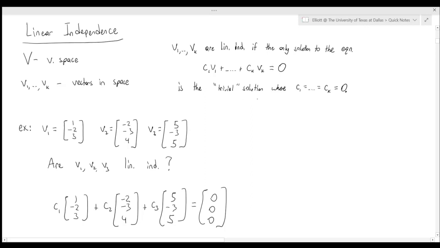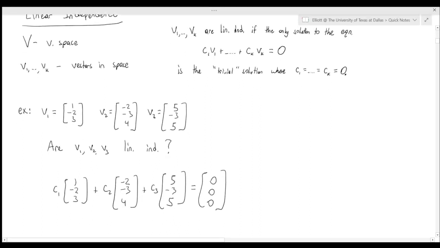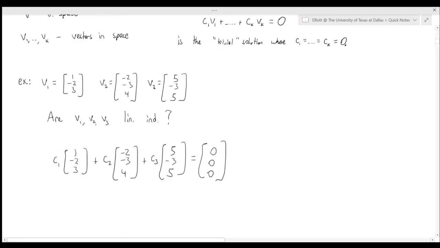Now we want to check what the solutions to this equation are. Certainly, one solution will be if c1, c2, and c3 were all 0. That would definitely give us 0, 0, 0. If that's the only solution, then these vectors would be independent. Otherwise, they would not be independent.